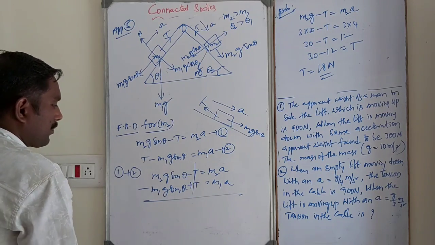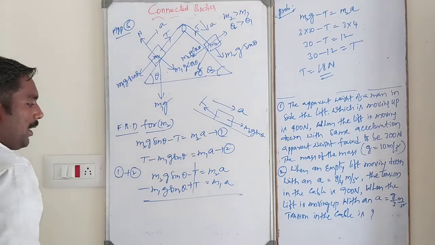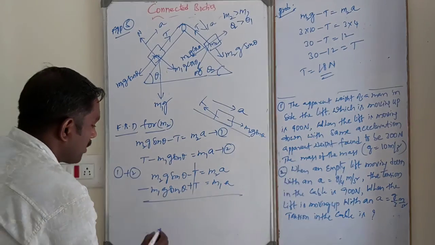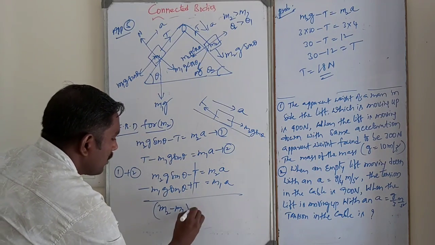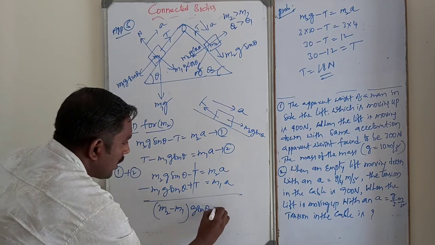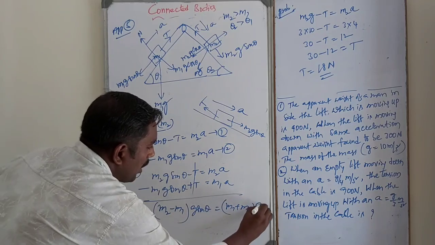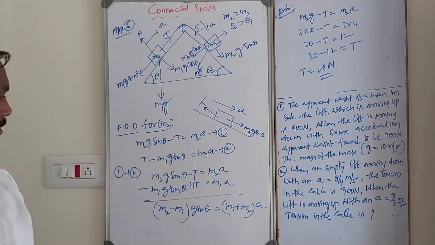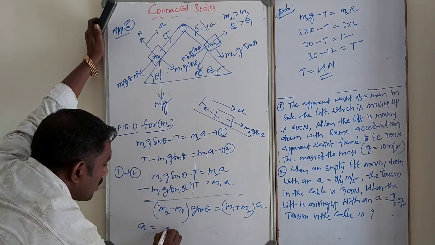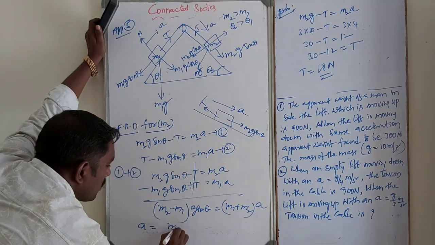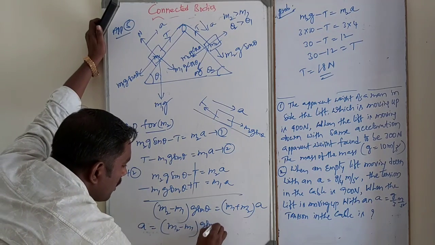T cancels out. Here g sin theta, g is already common, so m2 minus m1 g sin theta is equal to m1 plus m2 into a. So acceleration is equal to what? m2 minus m1 g sin theta.